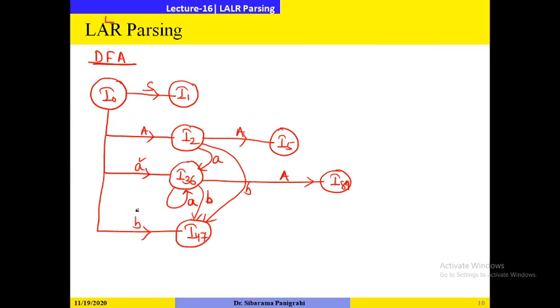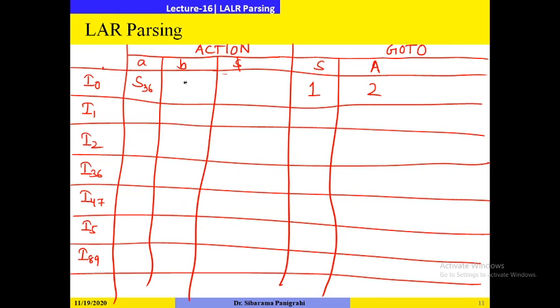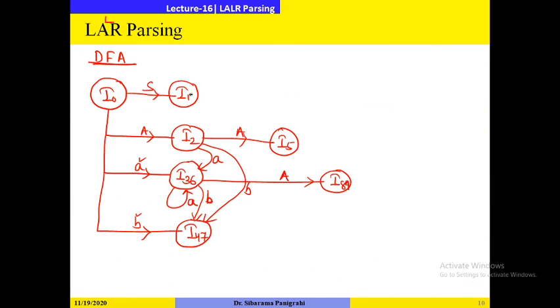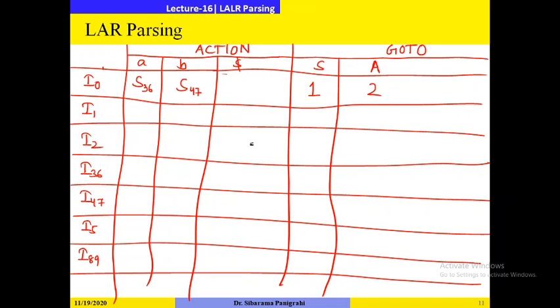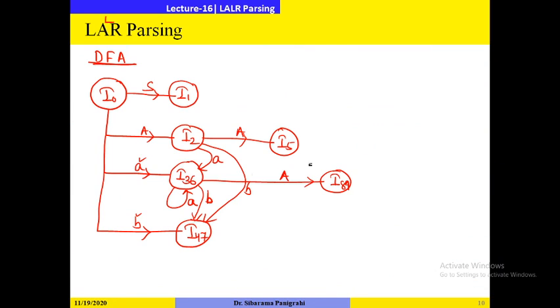Next, I0 by taking B as input, it goes to I47, which means I will write shift 47. Right. Now I1, it doesn't go to any other state. I2 by taking capital A, it goes to I5, so 5.